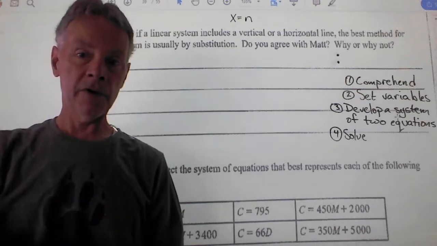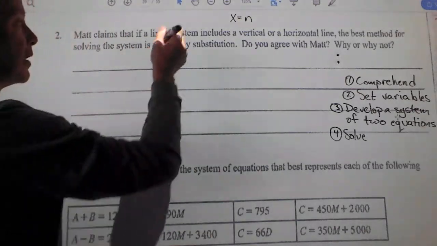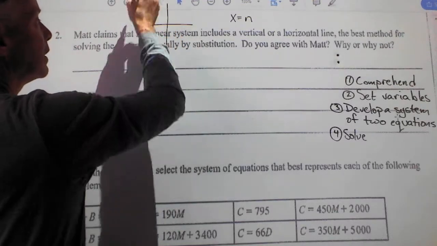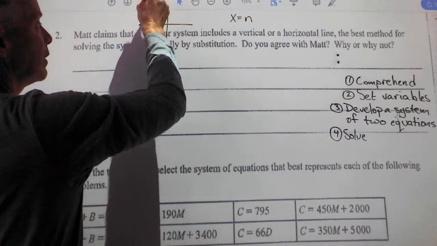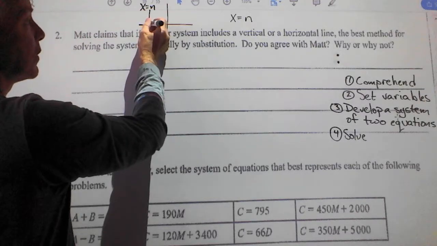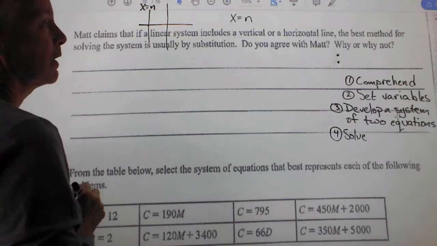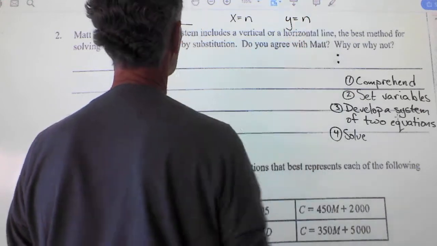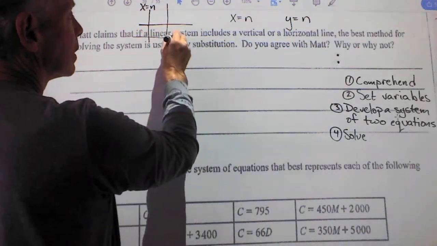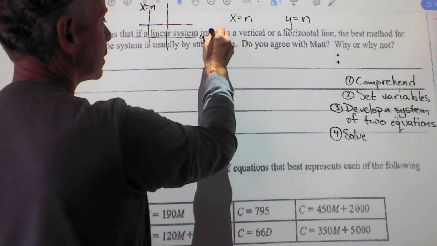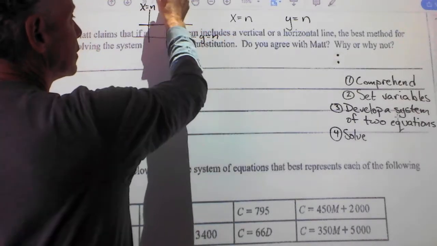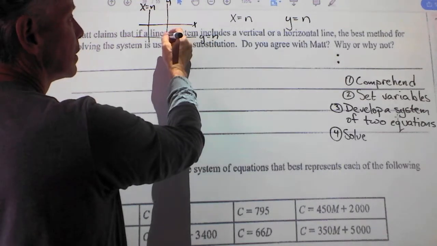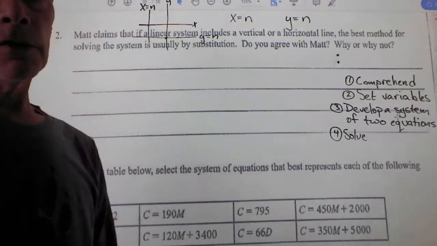The point where that vertical line crosses, so you have a vertical line, it's x equals n, and n is the x-intercept, okay? If you have a horizontal line, it's y equals n, where n is simply the y-intercept, okay?